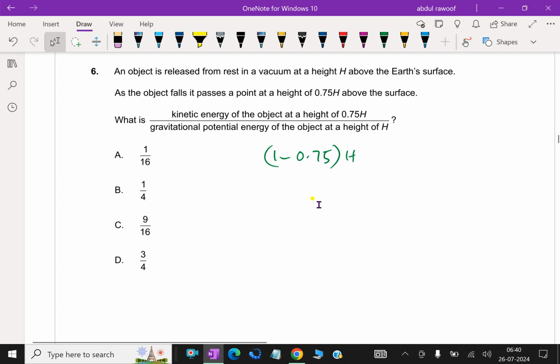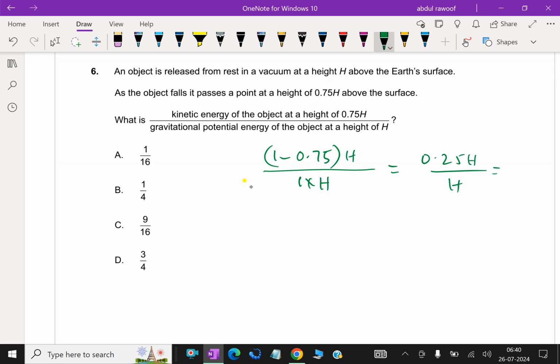Both are equal. Then over gravitational potential energy at height h, that is mgh, total height 1 into h, which is equal to 1 minus 0.75 is 0.25 h over h, which is equal to 1 over 4. Option B.